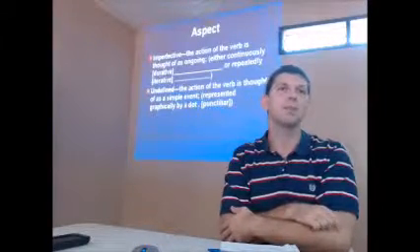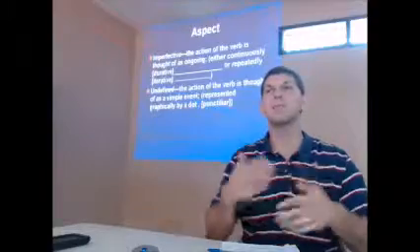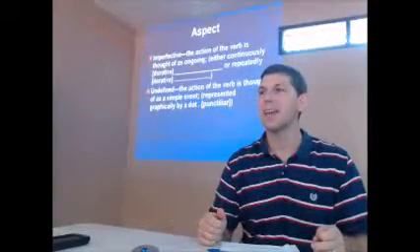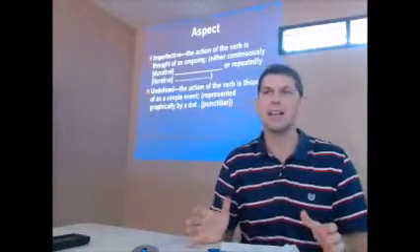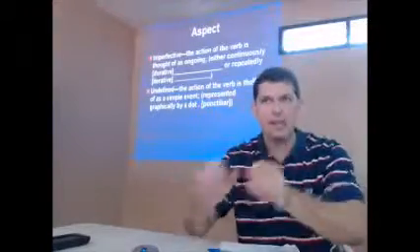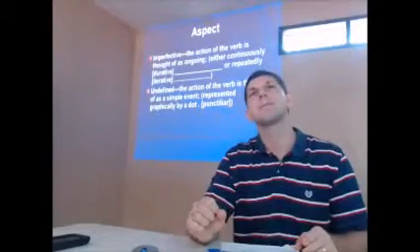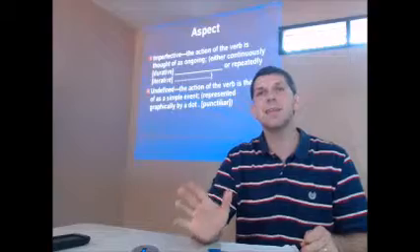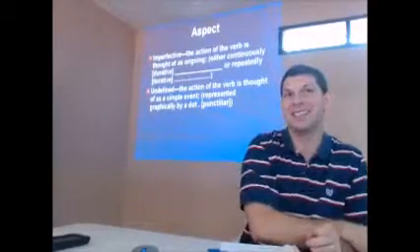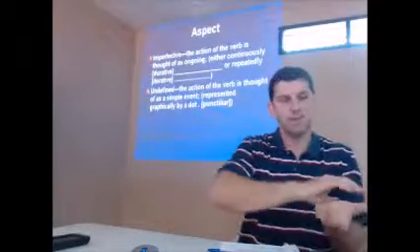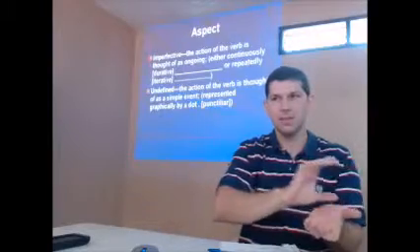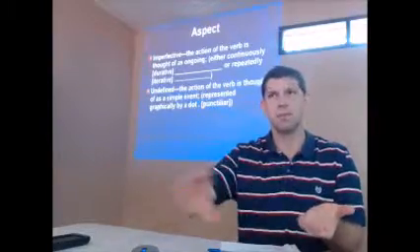Okay. So, maybe my son's been lying to me a lot. And if I used aorist tense and I said, you have lied to me, you lied, I'm not telling him that he didn't lie in the past. I'm not telling him that you never developed a reputation or a pattern.